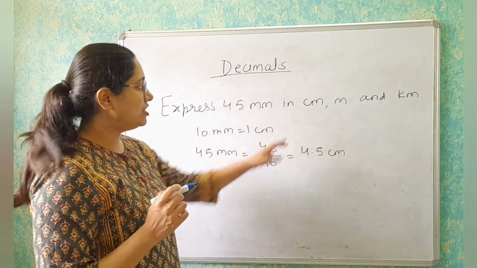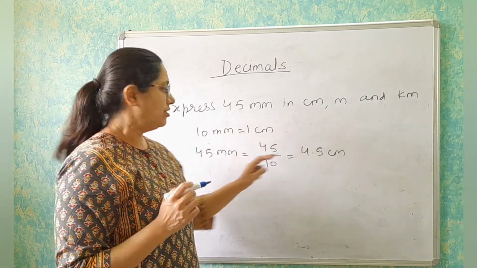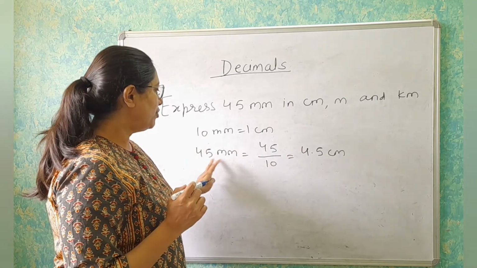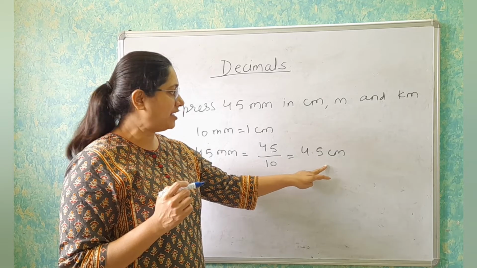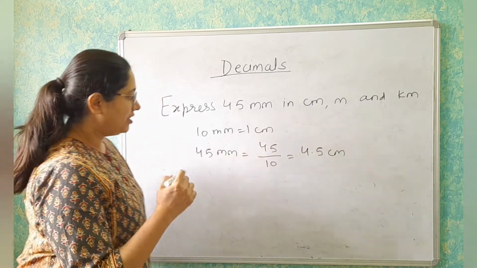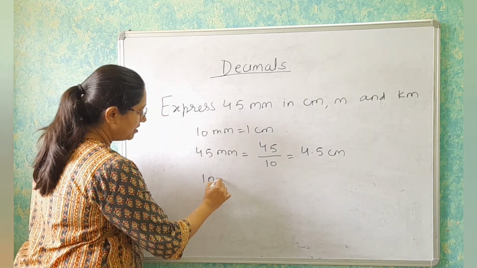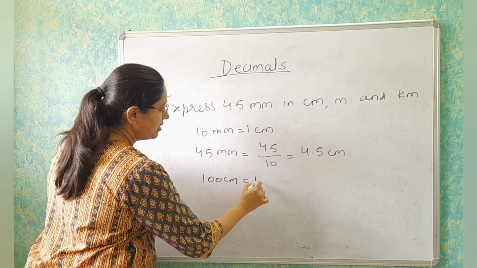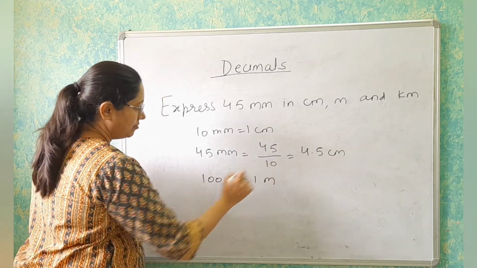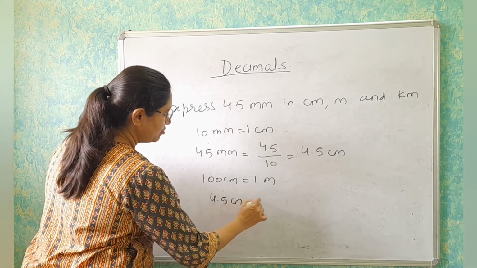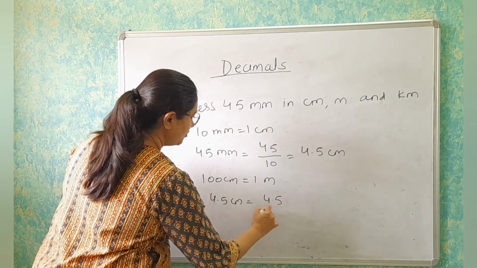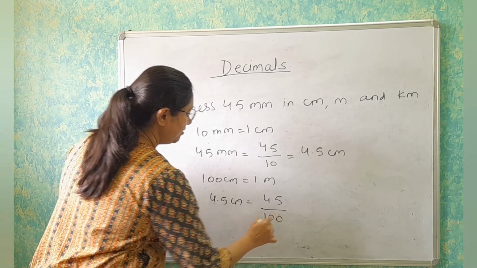Next we have to change it into meter. We have already changed the 45 millimeter into centimeter and now we will change this centimeter into meter. And you know that 100 centimeter is equal to 1 meter. But we have to change 4.5 centimeter. So it will be 4.5 divided by 100.